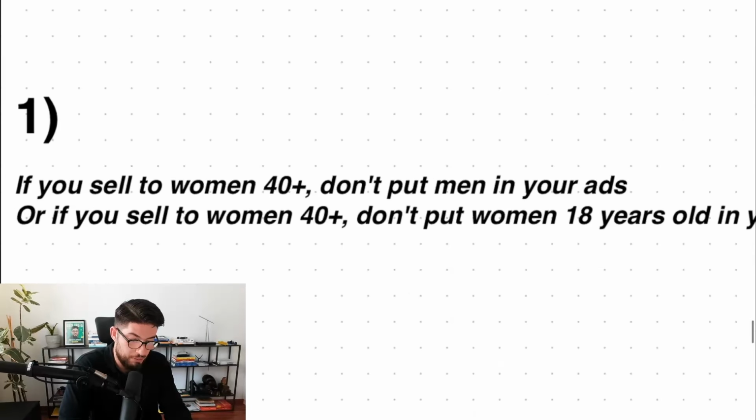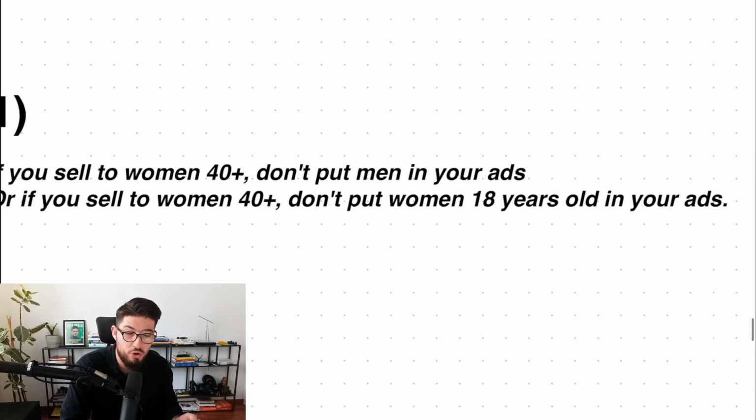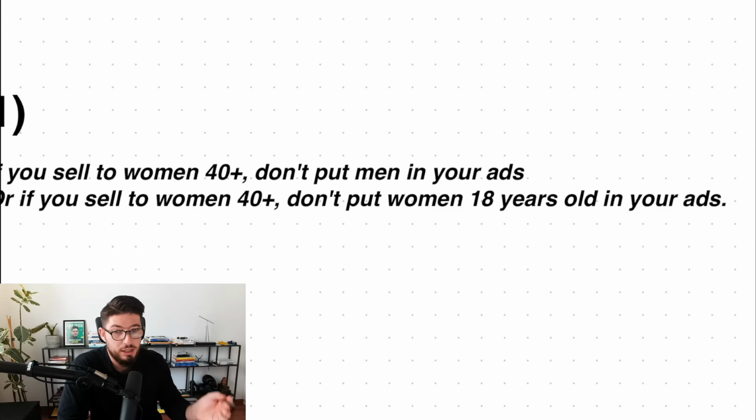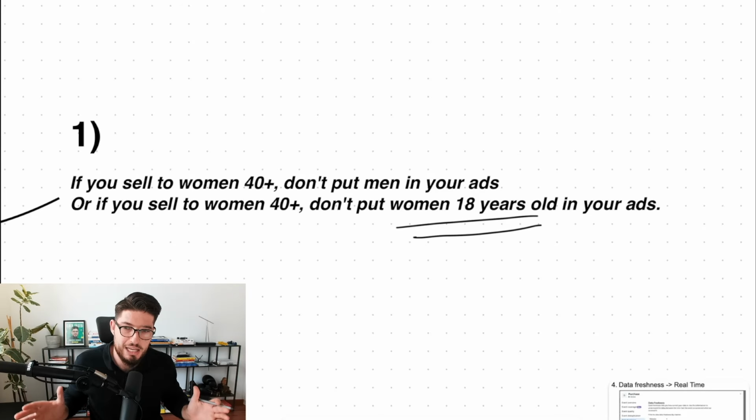Now, point number 1, if you sell to women 40 plus, don't put men in your ads. Or if you sell to women 40 plus, don't put women 18 years old in your ads because you're giving the wrong signal to the platform. And let's exaggerate it.